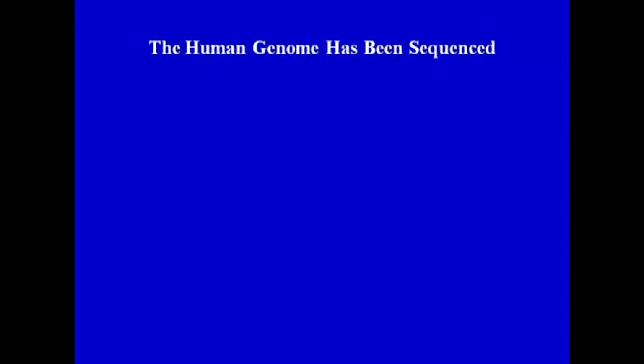Now, if we discuss a little bit how the human genome has been sequenced, a rough draft was reported in 2001 by two independent groups: the publicly funded International Human Genome Sequencing Consortium, in which 6 countries were involved and which was led by Francis Collins, Eric Lander and John Sulston, and which used the map based strategy, and then a privately funded group from Celera Genomics led by Craig Venter, which used the shotgun approach.